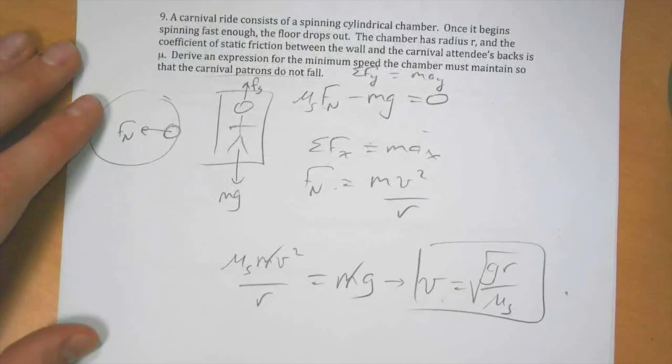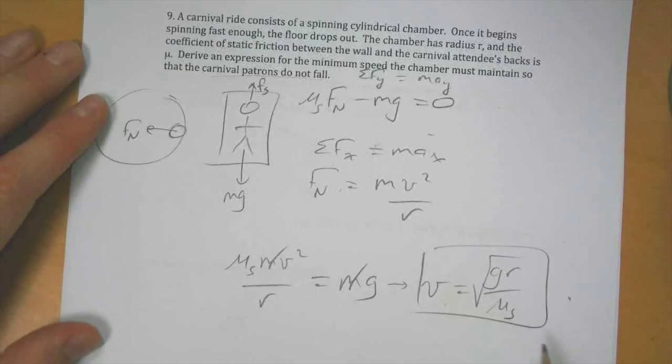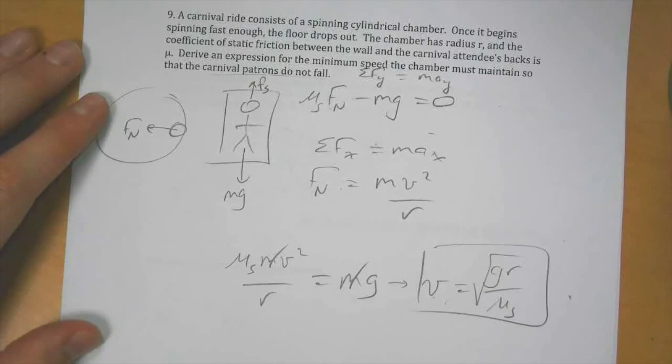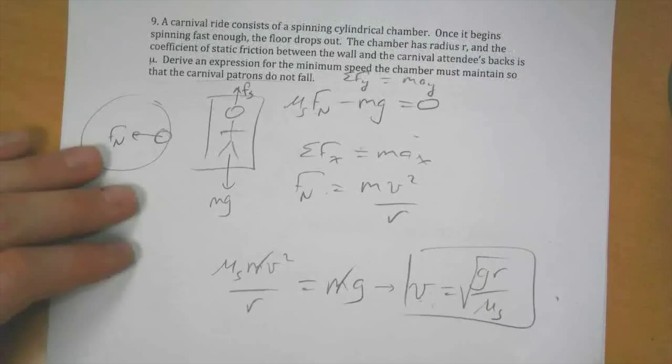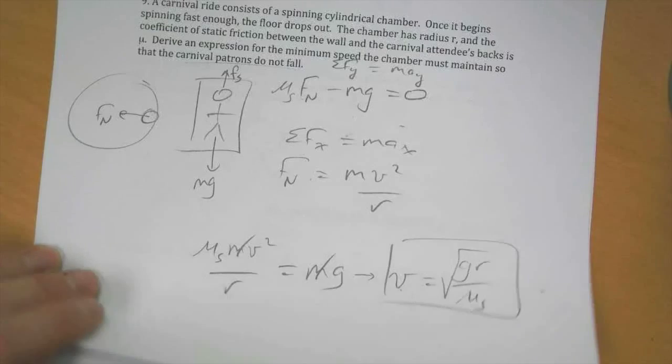So the walls of the chamber have to be moving that fast in order to keep people up against the wall. Notice mass is gone, it canceled out, so it doesn't matter. You could have somebody who's really heavy or somebody who's in really good shape and still need the same speed to get them to stay up.